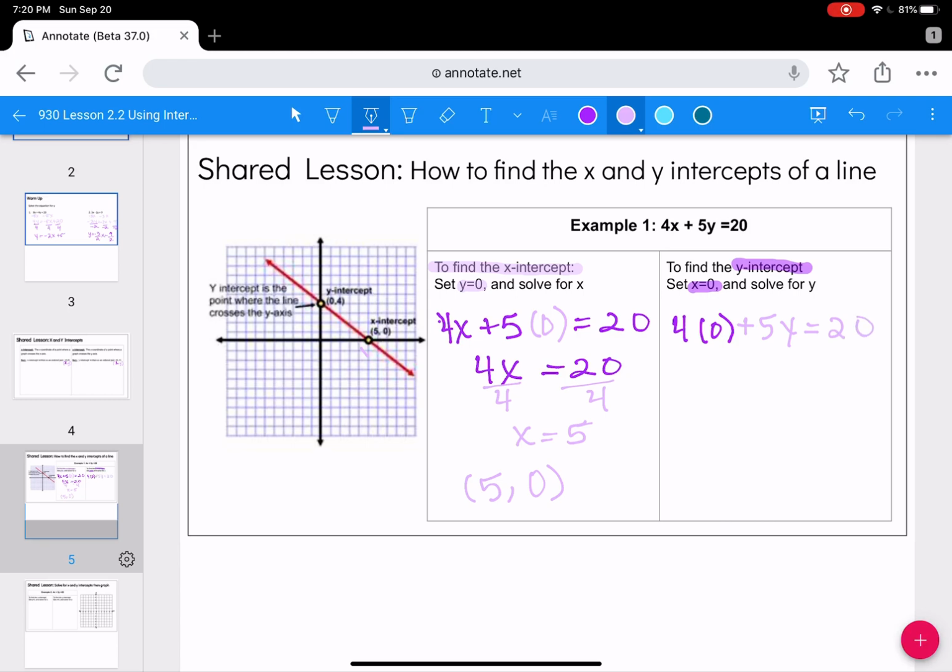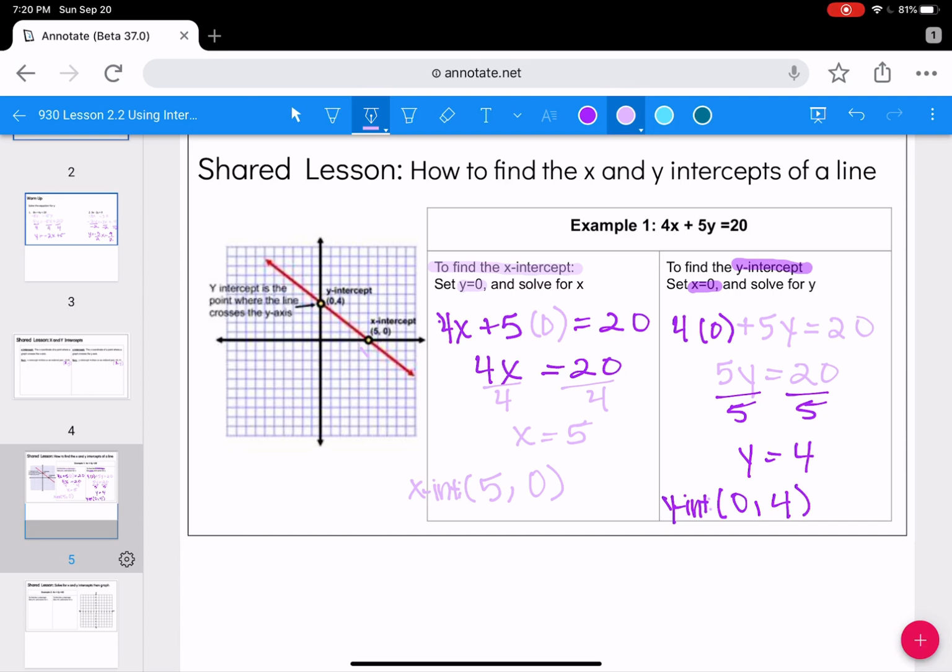Again, I'm substituting my x value for 0 to find my y-intercept. 4 times 0 is 0, so I'm left with 5y is equal to 20. Then we divide each side by 5, and we get y is equal to 4. And then to write my y-intercept here, I would have 0, 4. So this is my y-intercept, and on my other side I have my x-intercept.